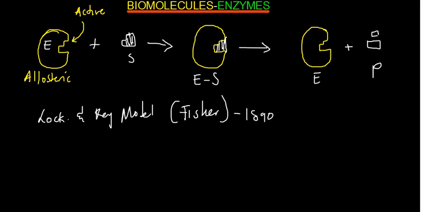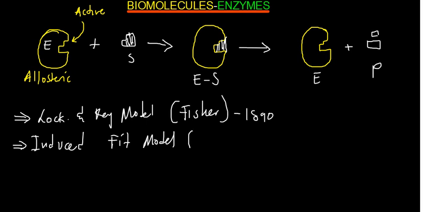All right. Another model that we need to know is the induced fit model. Now, what does this model tell us? Well, the other name for the induced fit model is the Koshland model.